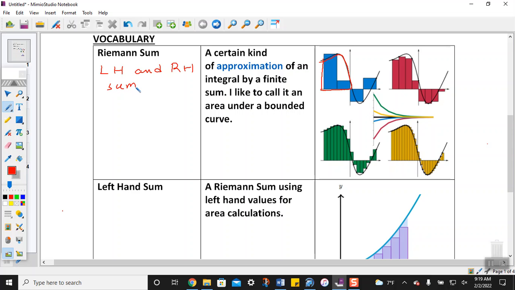I like to call it an area under a bounded curve. So if this was my start and this is my finish, that part I outlined in red definitely has a certain area. But is that a normal shape, guys? It's kind of hard to find the area underneath that curve.